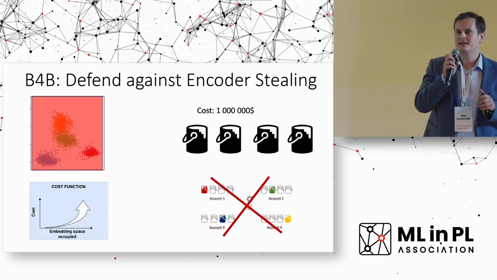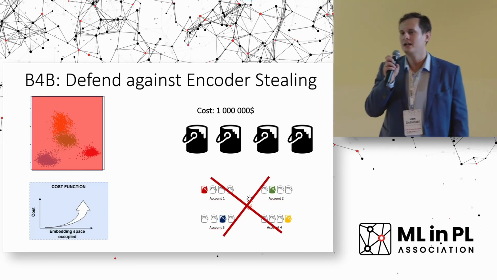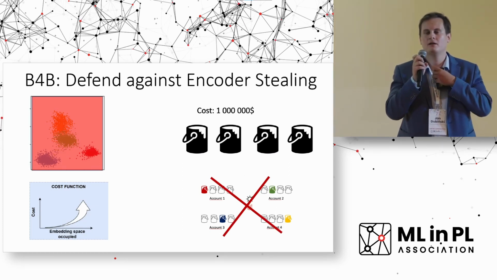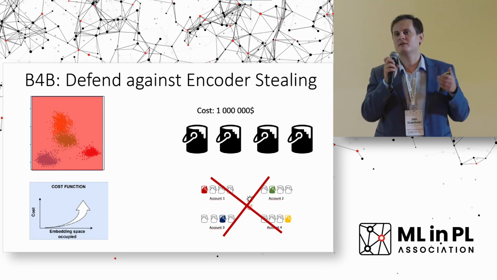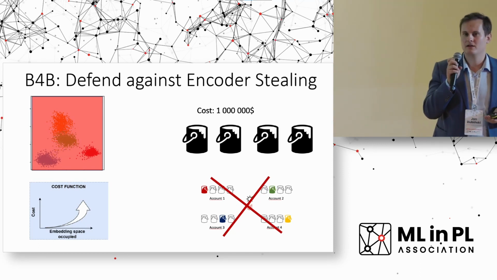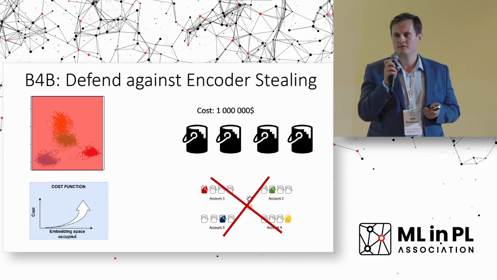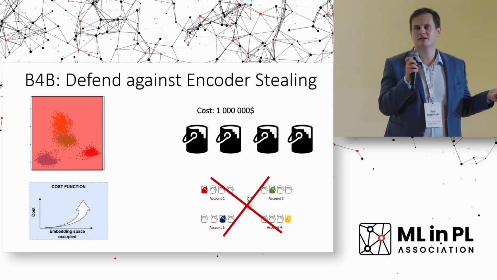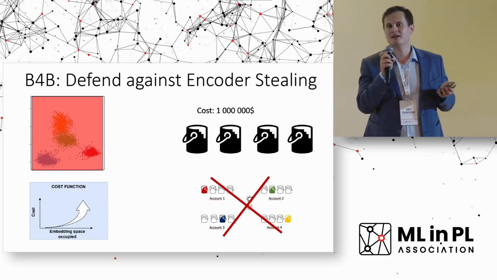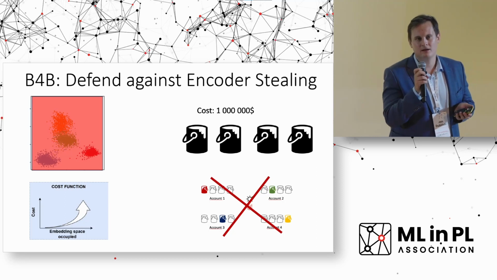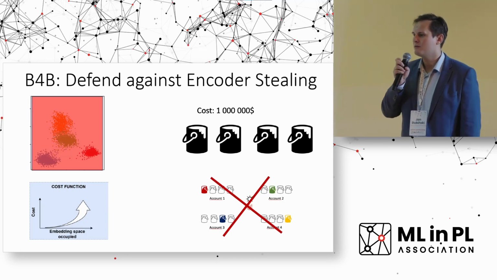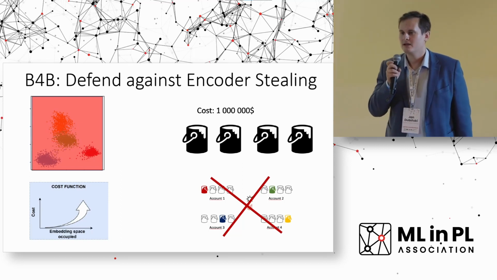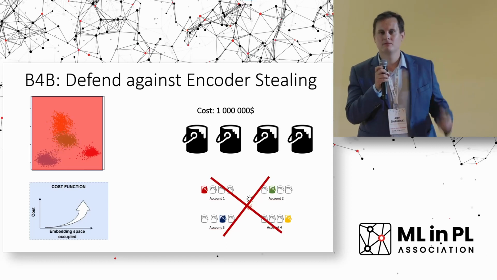Second thing is that we divide the latent space into buckets to measure how much of the information is extracted from the encoder. And we use adaptive noising to prevent a single attacker from stealing the model. And in order to prevent the trick with sybil attack, we apply transformations which make this kind of attack impossible.